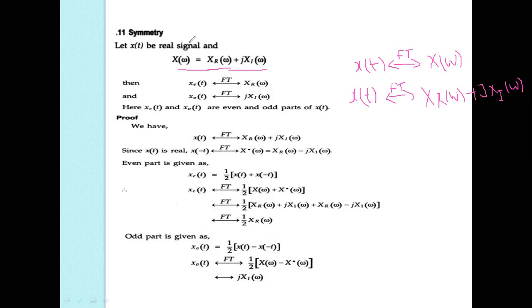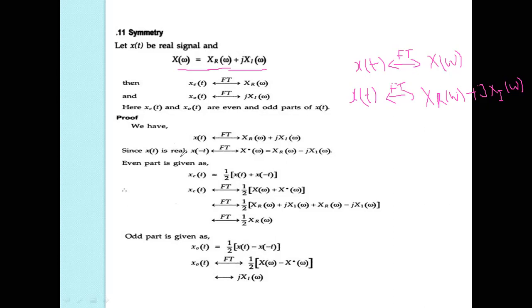Let x of t be a real signal, and x of omega equal to a real part and an imaginary part in the frequency domain. So x of t is a Fourier transform pair of xr of omega plus j into xi of omega.